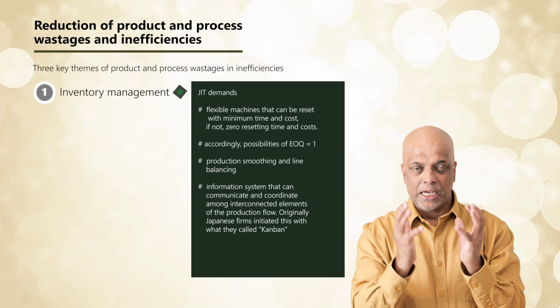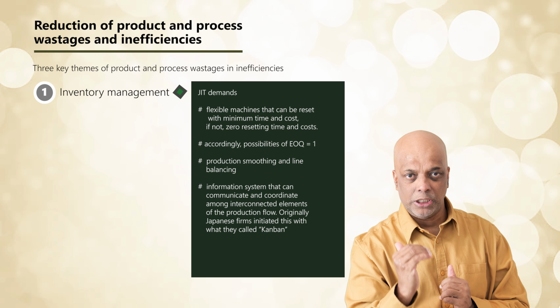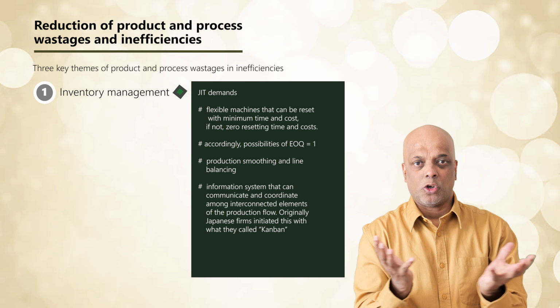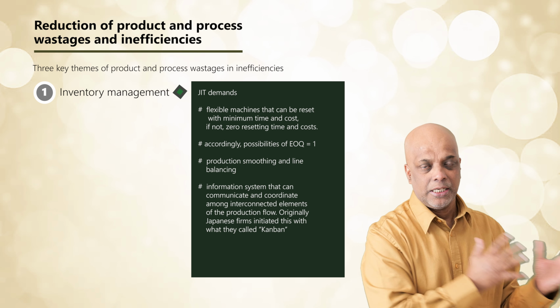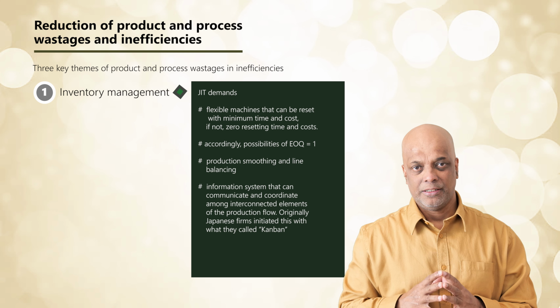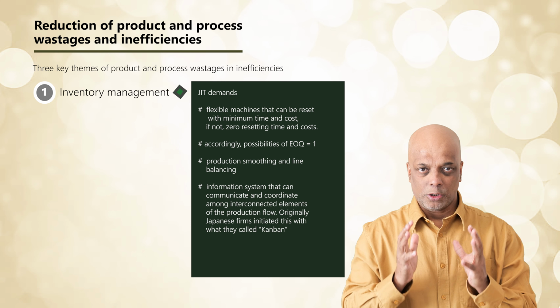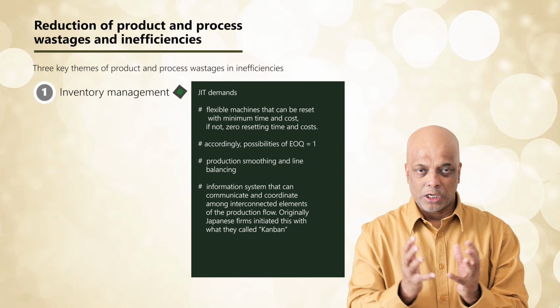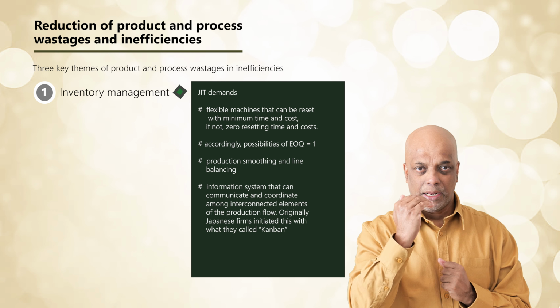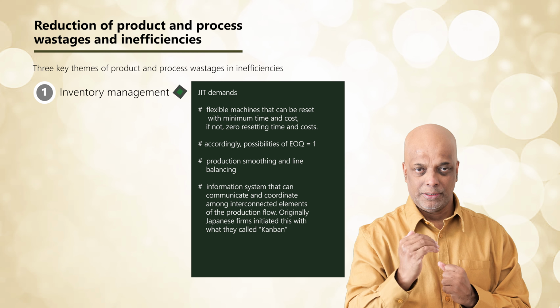When the resetting time and cost is reduced down to zero, as in the case of the photocopy machine we discussed in our previous lecture, then the reorder quantity, the economic order quantity or the economic production quantity can be reduced down to 1.